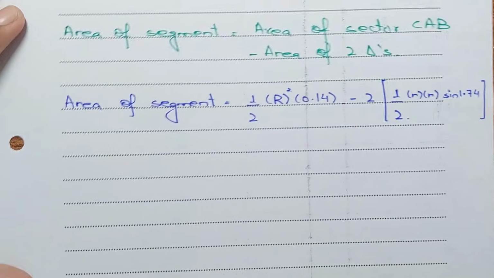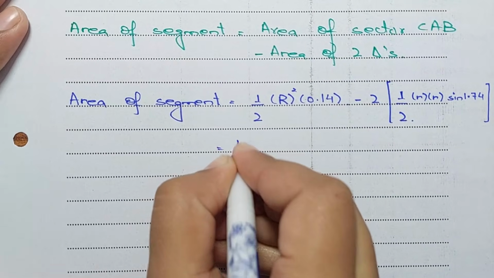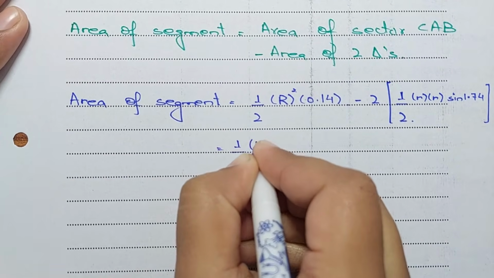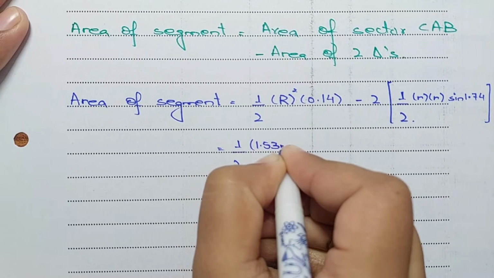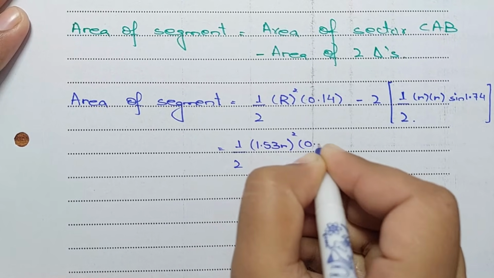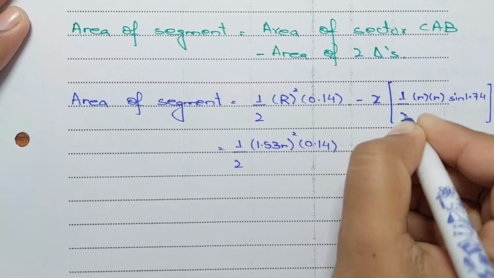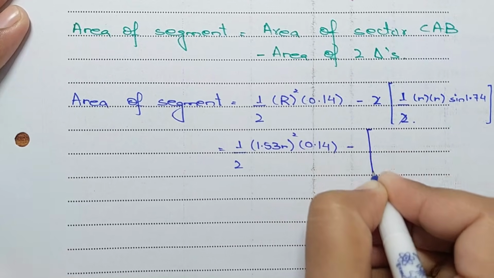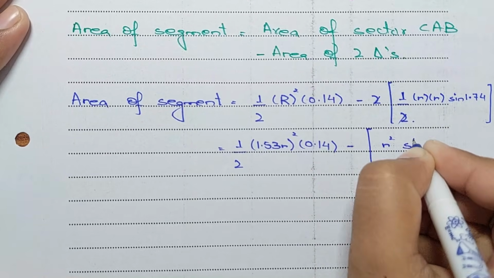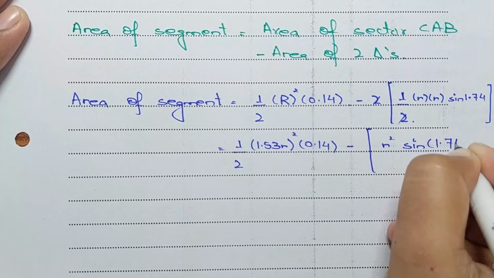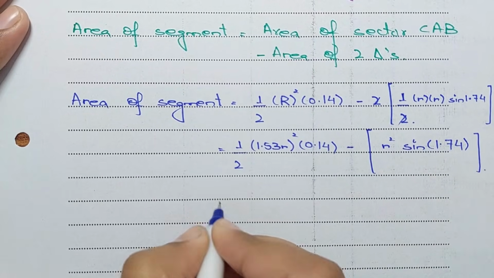Okay. So now we have to figure out 1 over 2 R value is 1.53 small r square 0.14. This 2 and this 2 is cancelled out, minus r square and sine of 1.74. Okay.